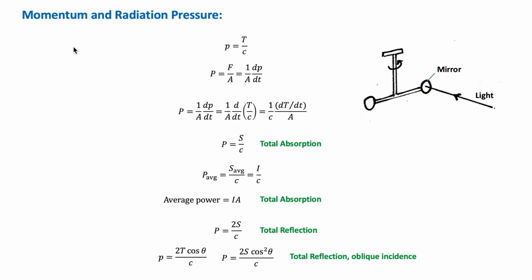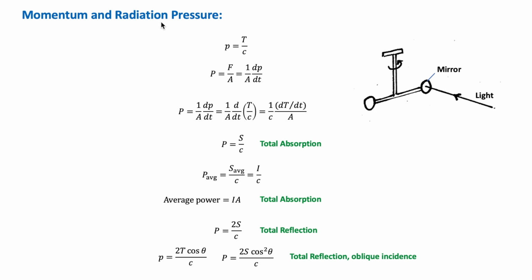So we will now discuss momentum and radiation pressure. Electromagnetic waves not only transport energy, but they transport linear momentum as well. If an electromagnetic wave impinges on a surface, pressure is exerted on that surface.